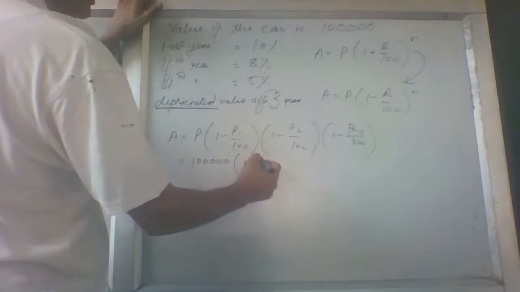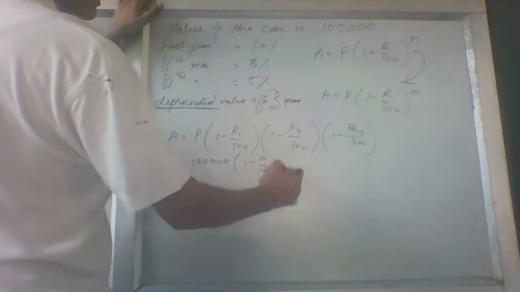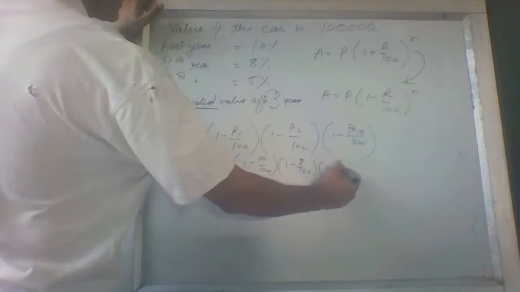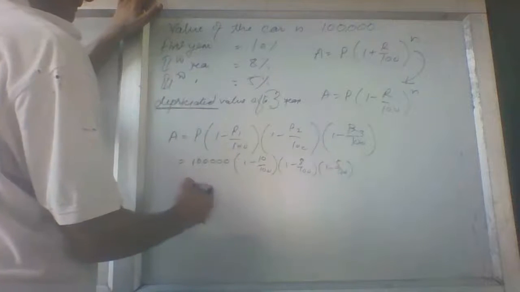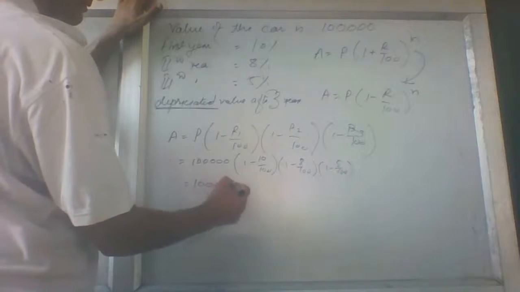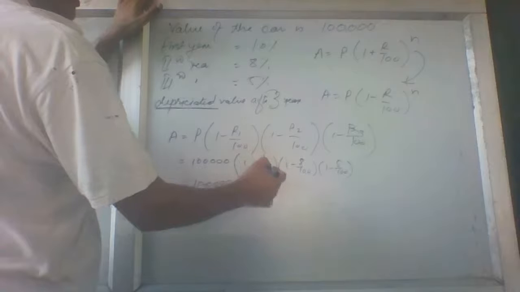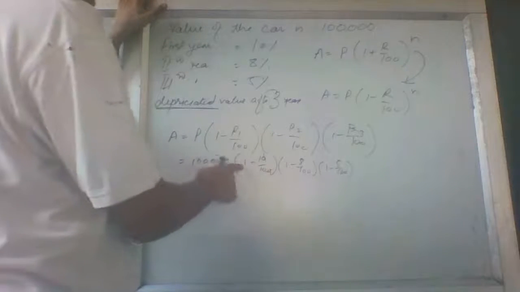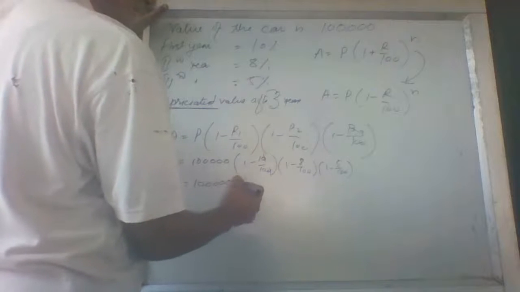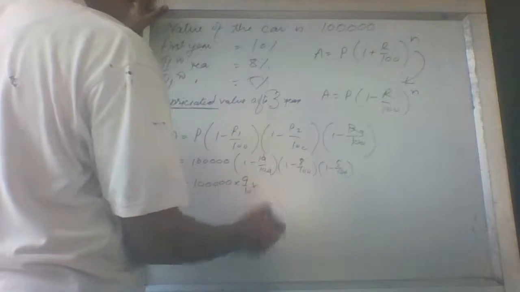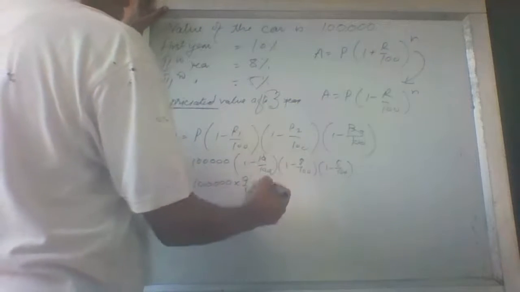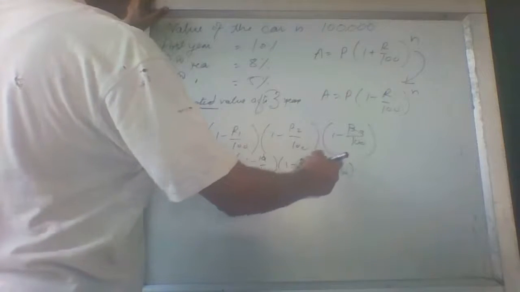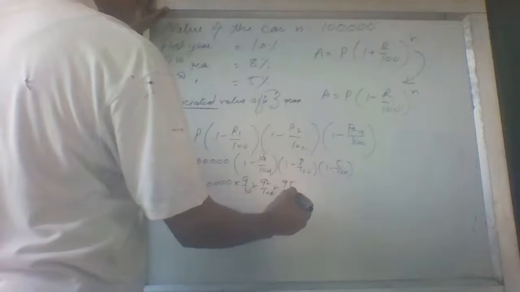1 lakh times (1 minus 10 by 100), (1 minus 8 by 100), (1 minus 5 by 100). 1 minus 10 by 100 is equal to 9 by 10. 100 minus 8 is equal to 92 by 100. 100 minus 5 is equal to 95 by 100.